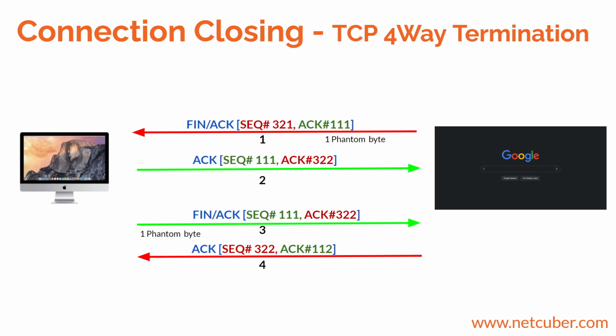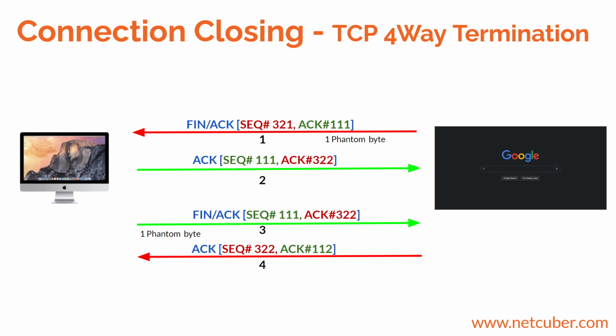And in the second stage, along with this FIN-ACK received from the server, the client has to send a FIN-ACK. So it will send a FIN-ACK with the latest sequence number. In this scenario, it is sequence number 111 for the client, and it's acknowledging 322. The size of data is one phantom byte.